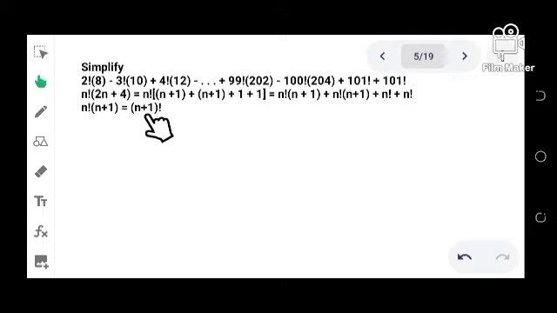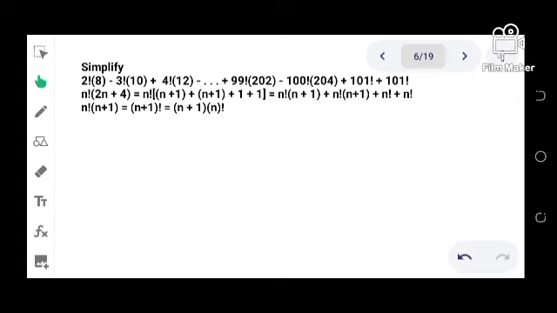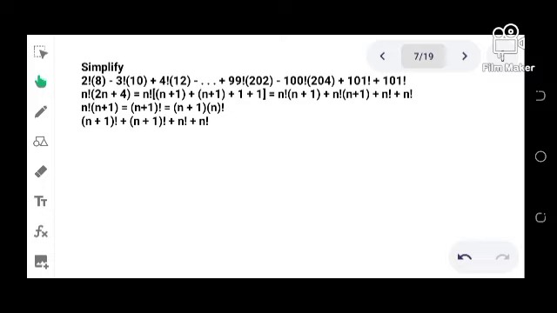So if you have n plus 1 factorial, this will simplify to n plus 1 times n factorial, which is just the same as this one. So again, n factorial times n plus 1 is just equal to n plus 1 factorial. Taking note of that form, this part here will now be equal to n plus 1 factorial plus n plus 1 factorial plus n factorial plus n factorial.